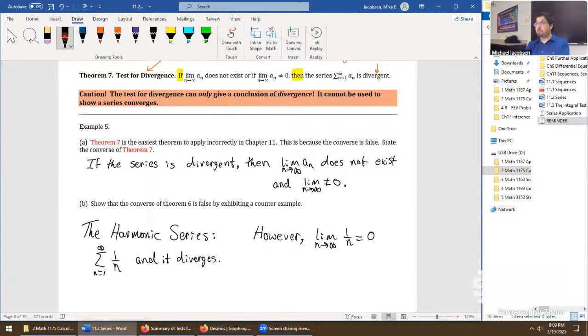That was our first sequence problem in section 11.1, which means the sequence converges. And not only that, it converges to 0 as well. So this whole statement is false. We try to read the logic backwards to say if something is divergent, then limit does not exist and is not 0. It's totally false. This is the counterexample. This does diverge, and yet the limit is 0, conflicting with what this statement says entirely.